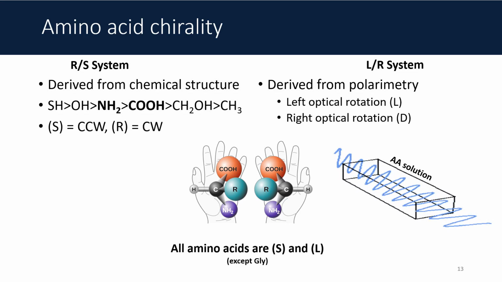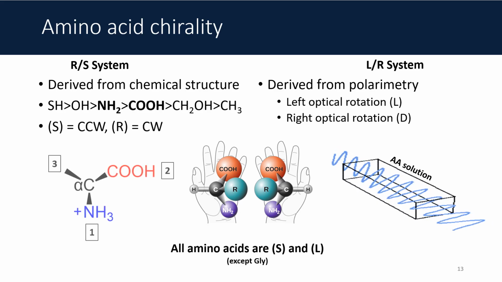If you have the structure of a compound, we learned to assign priority to different functional groups and moieties depending on if priority proceeds clockwise or counterclockwise about the axis between the alpha carbon and the hydrogen that bonds. And depending on if it goes clockwise or counterclockwise, we can say if an amino acid is R or S.